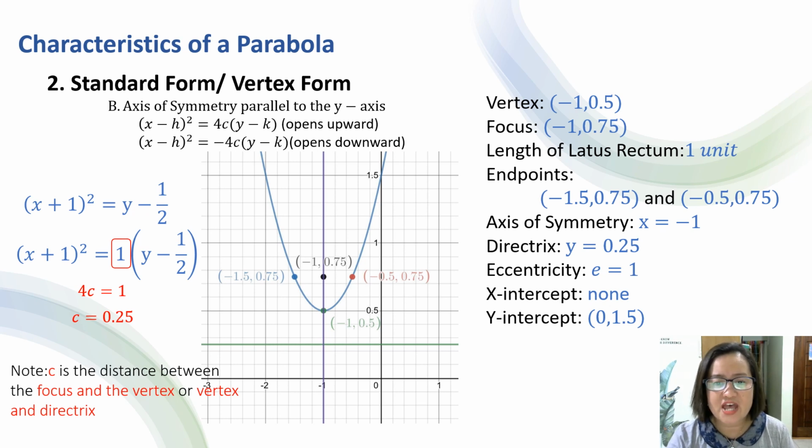On the other hand, we say that the graph passes through the y-axis. Therefore, its y-intercept is (0, 1.5). Take note that this is the point common to the graph and the y-axis.